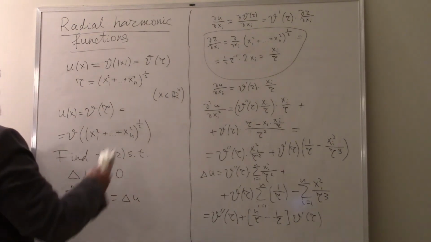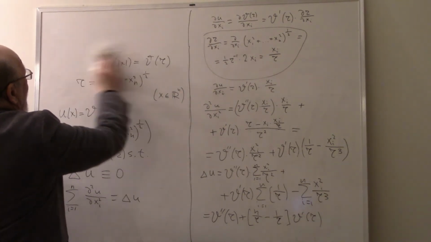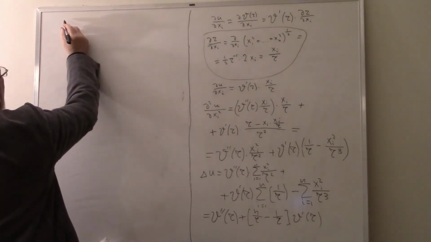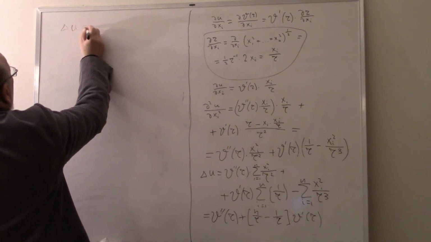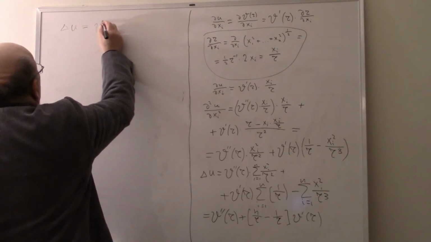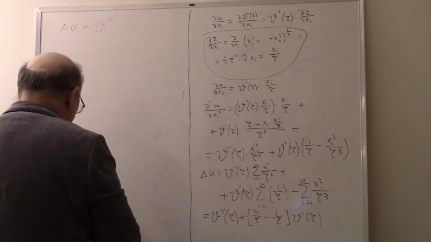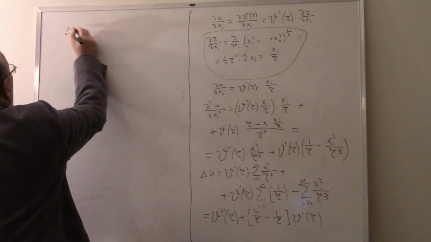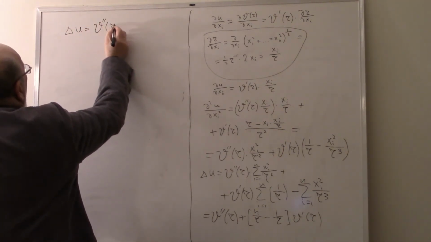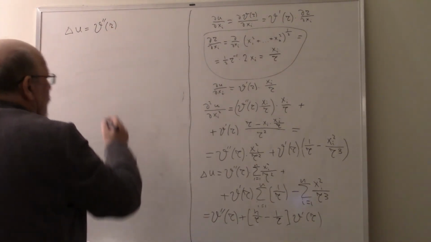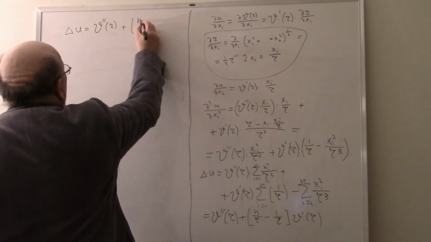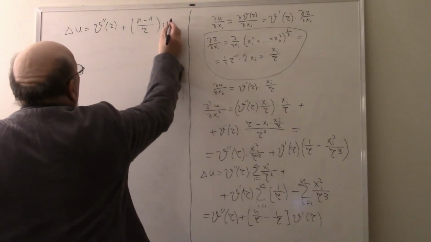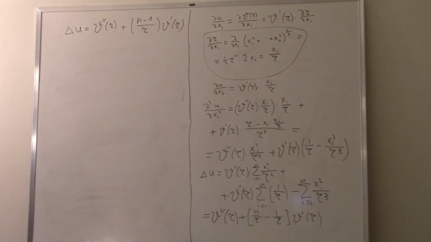Okay, so we have the following formula: delta u equals v double prime of r plus (n minus 1) divided by r times v prime of r.